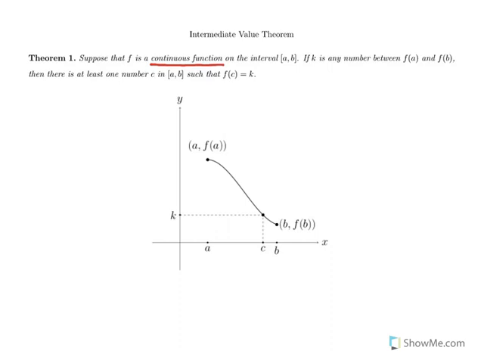We can draw the function without taking our pen off the paper. If k is any number between f of a and f of b, these are the function values, then there is at least one number c in a to b such that f of c equals k.